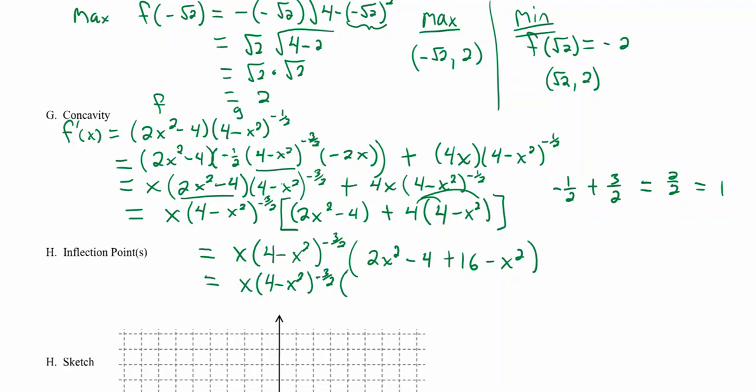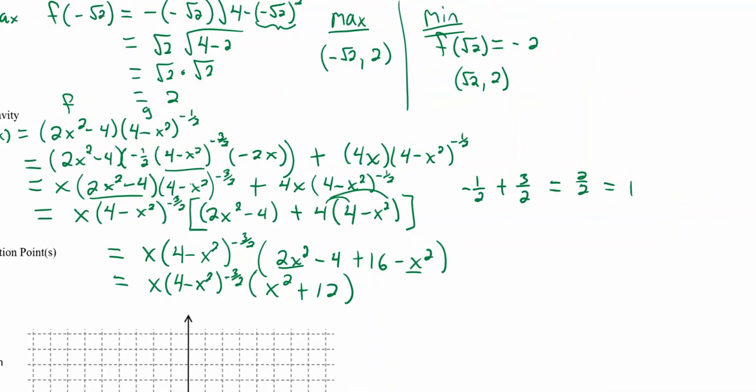So then that was just x squared, that one and that one collect, and then plus 12. All right, let's rewrite this a little different to make it look nicer. In the end, we've got x times x squared plus 12 over the square root of 4 minus x squared to the power of 3. Or leave that as a fractional exponent too. Either one of those would be fine.